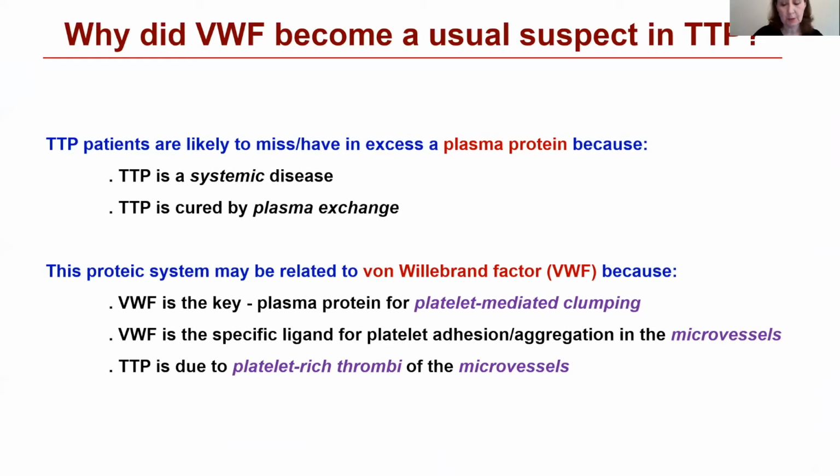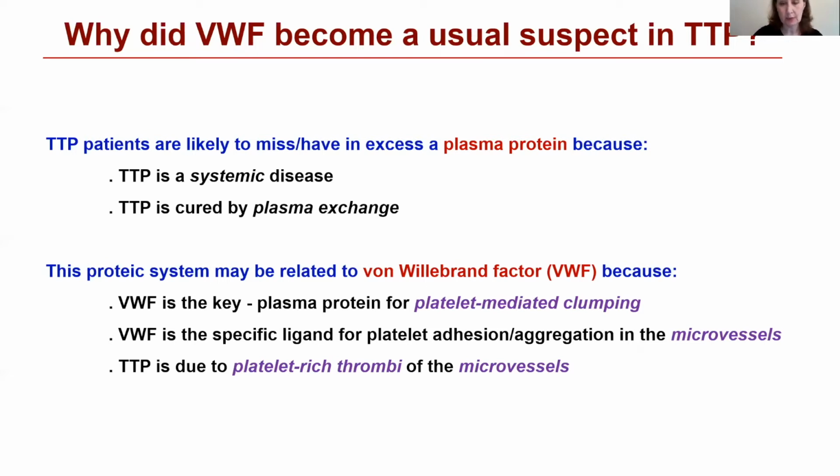First, clinical observations of TTP patients showed that they are likely to miss or have in excess a plasma protein, because TTP not only is a systemic disease, but it is also cured by plasma exchange.